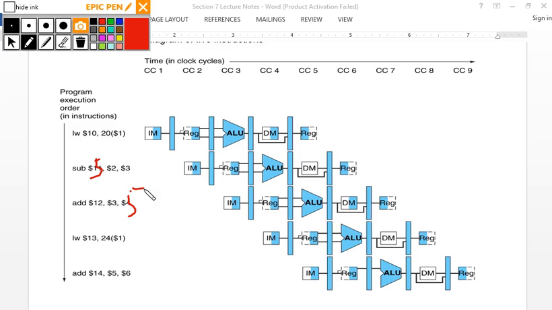Also, the third type is called a structural hazard, where you have 2 instructions trying to compete for the same resource at the same time. Which means, let's say I had stage 4, I was going to data memory, but I'm also accessing the instruction memory in a situation where they were the same memory.